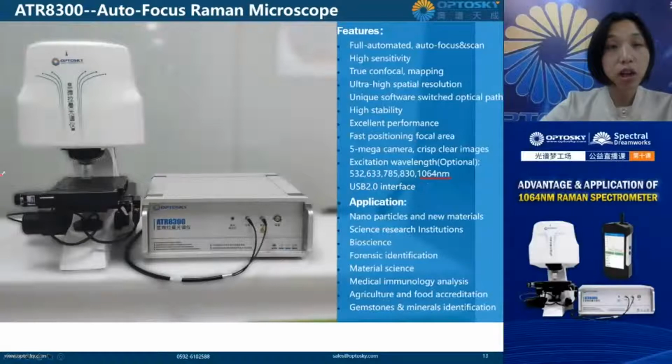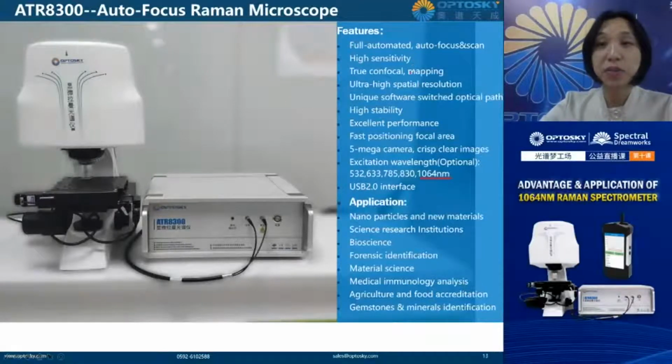So this Raman microscope is the exclusive miniature Raman spectrometer with mapping functions. It realizes true confocal, and it is fully automatic, with autofocus and auto scan, and it has no moving components to make the switch pass. So the performance stability is high, and performance is excellent.